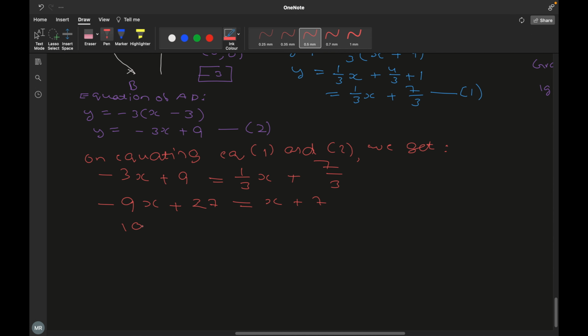So 10x equals 20, which implies that x equals 2. When x equals 2, y equals negative 3 into 2 plus 9, which is negative 6 plus 9. That's 3. Therefore, D will be 2, 3.